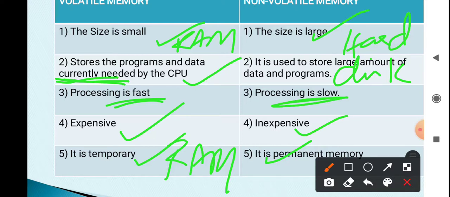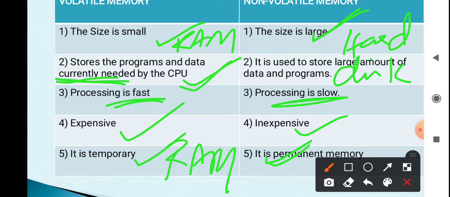So the first difference: volatile memory is a temporary memory, non-volatile memory is a permanent memory. Next, volatile memory is small, non-volatile memory is large. Next, volatile memory stores the programs and data currently needed by the CPU, while non-volatile memory can store a huge amount of data for a longer time, even for any length of time.